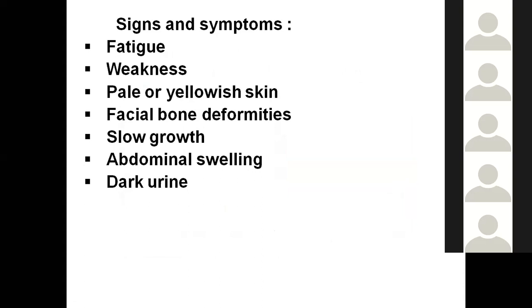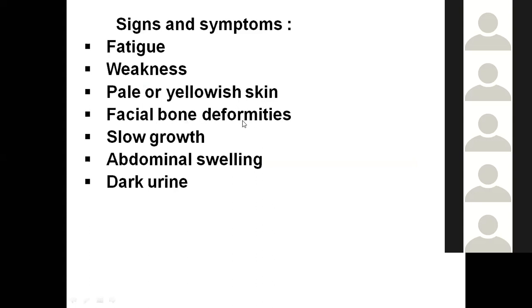All right. Now we're talking of signs and symptoms present in a patient with thalassemia major. There is fatigue, weakness. Of course, the person is anemic, so fatigue and weakness will be there. Pale or yellowish skin, so it can be mistaken for a jaundice patient, but this is because of anemia.